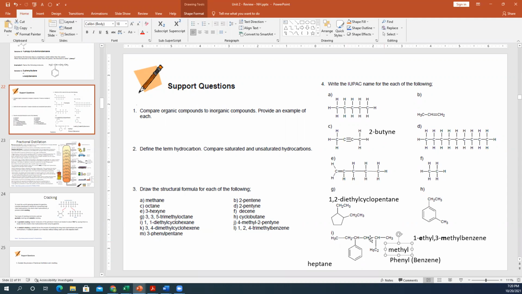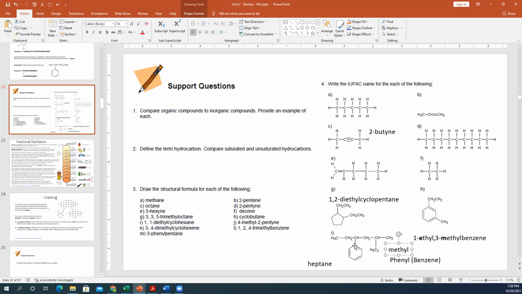So in this case, it's not the longest one that gets the number. We try to see which one gives us the smaller numbering. So we try to see which numbering. So 1, 2, 3, 4, 5, 6, 7.